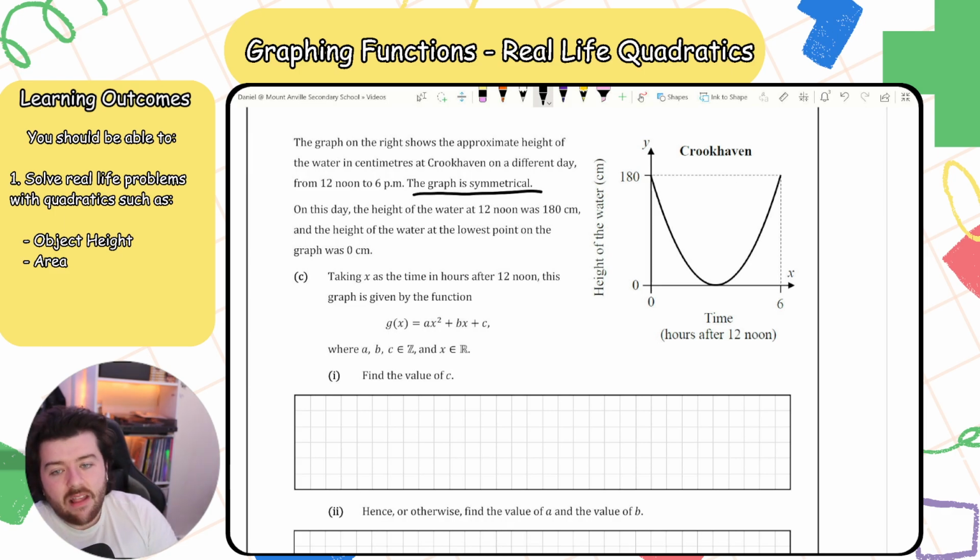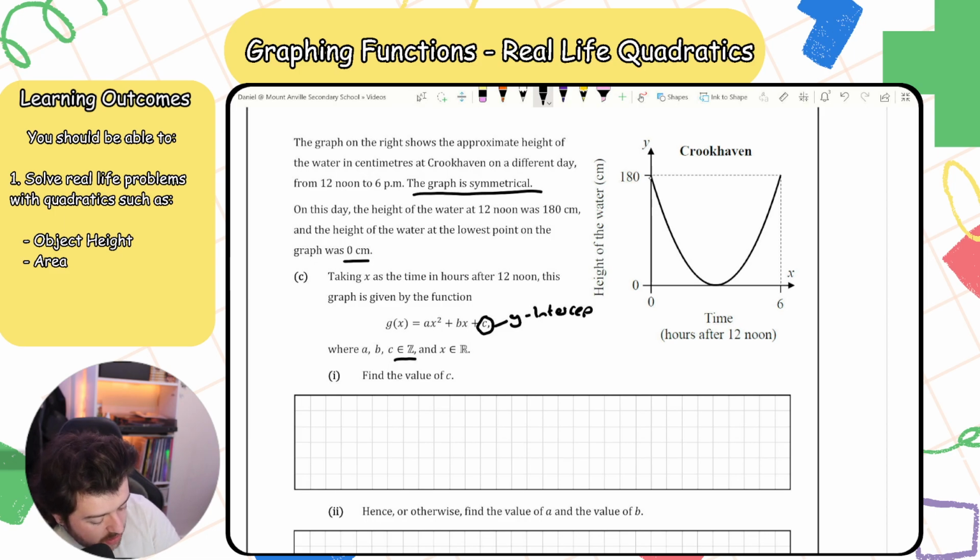So on this day, the height of the water at 12 noon was 180 centimeters, and the height of the water at the lowest point on the graph was 0 centimeters. Taking x as the time in hours after noon, the graph of the function is given by ax squared plus bx plus c, where a, b, c are integers, right? So elements of Z. Find the value of c. So c here, remember, this is always my y-intercept.